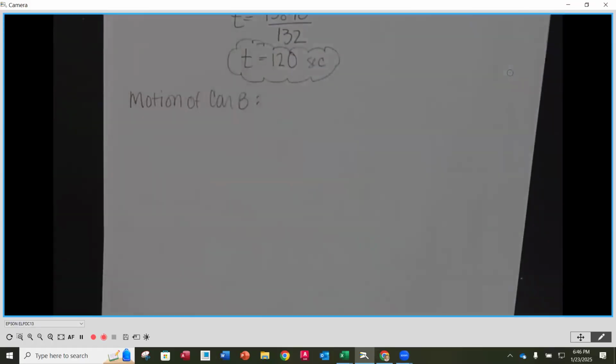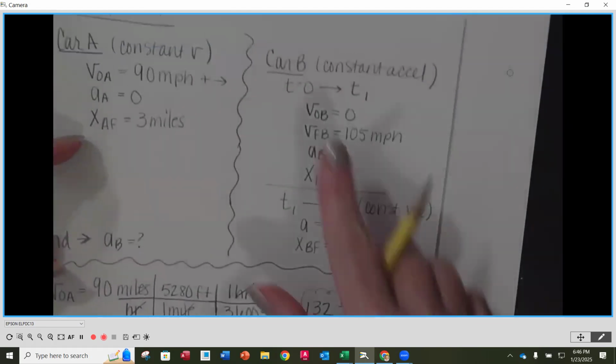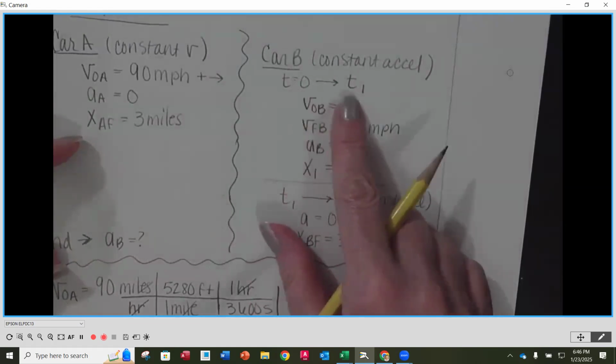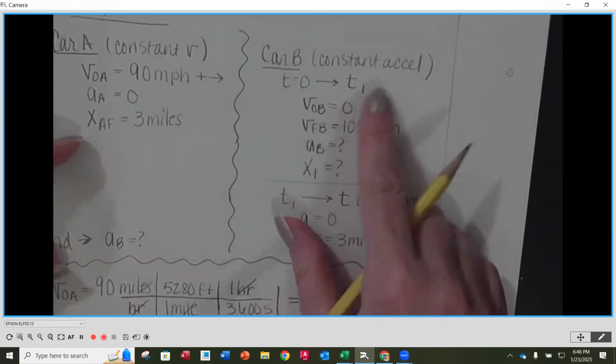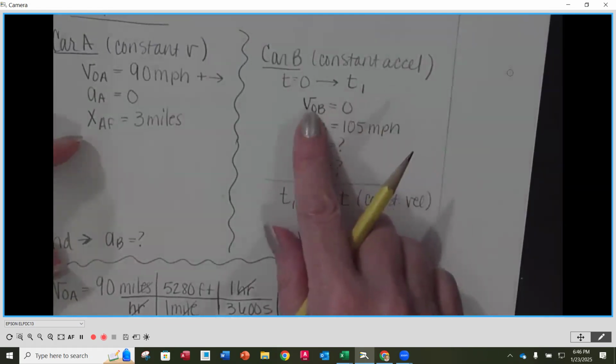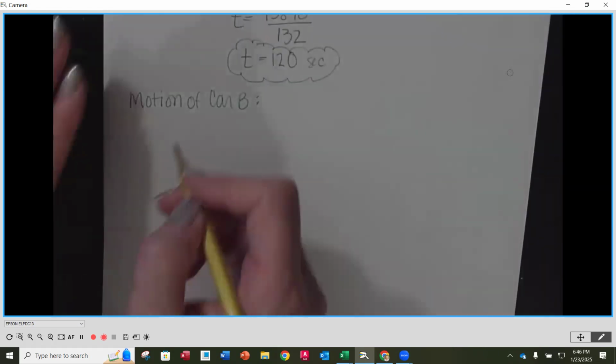Okay. So we have to divide that into 2 sections, just like we did when we did our knowns. So for instance, at the top here, when we did the car B, these were the phase between 0 and time 1, which is constant acceleration. So these are going to be the variables that we use on that side. So that's what I'm going to start with.